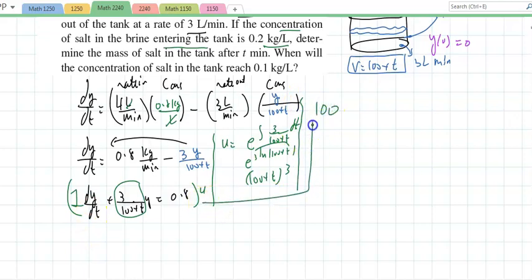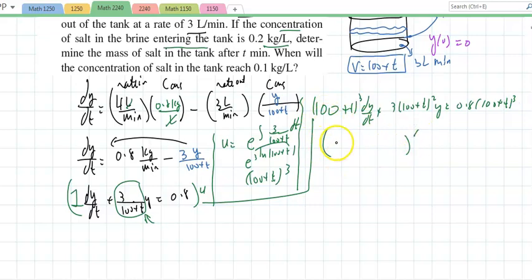100 plus t cubed dy dt. If I multiply this by that, that's 3 times 100 plus t squared times y equals 0.8 times 100 plus t cubed.